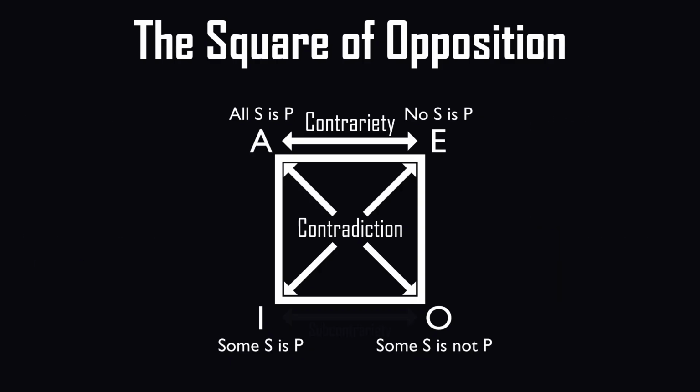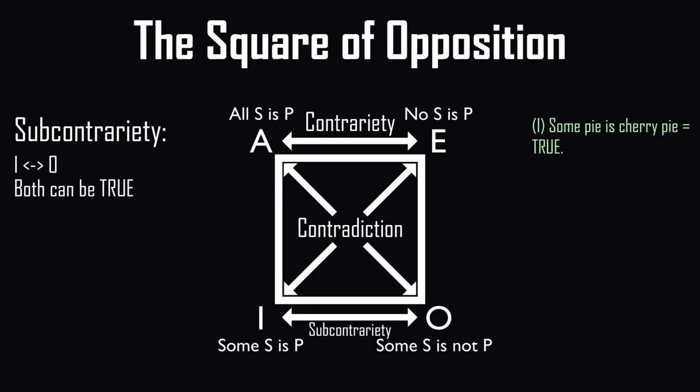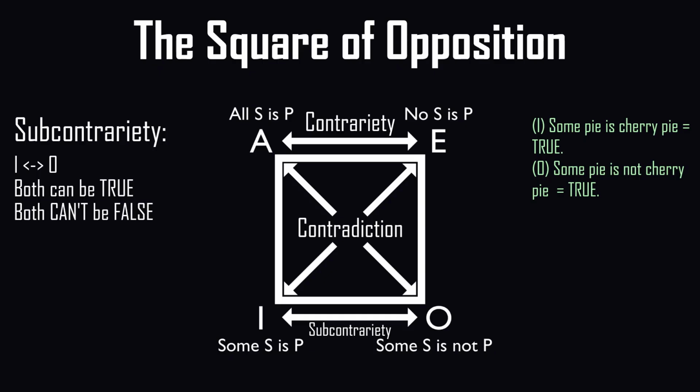The next one is subcontrariety, which is extremely similar to contrariety and is pretty much contrariety's opposite in some aspects. Subcontrariety compares I and O propositions. Both can be true, as if you have some pie is cherry pie and some pie is not cherry pie. However, both can't be false. You have to have at least some is or some is not when you are referring to anything.